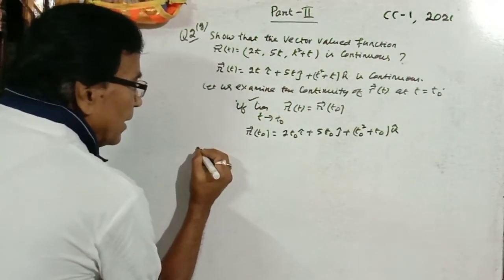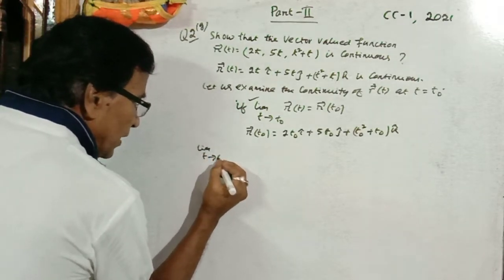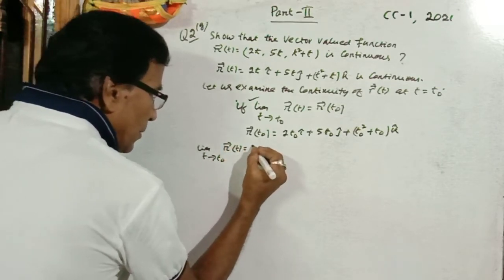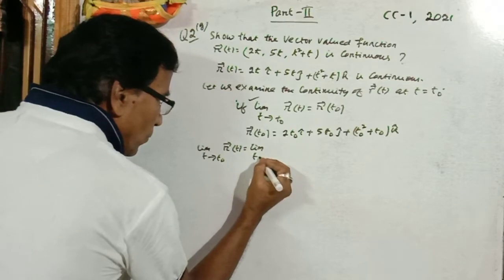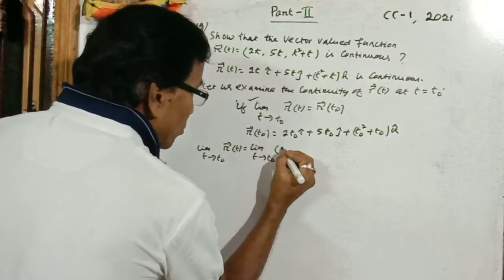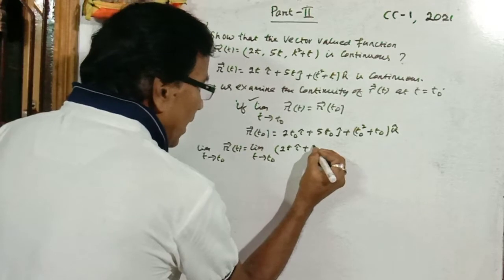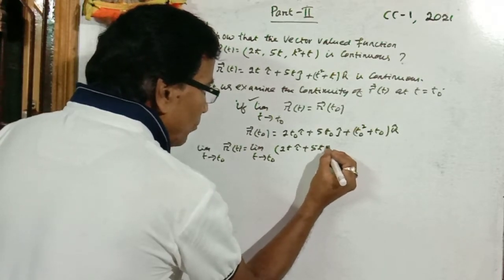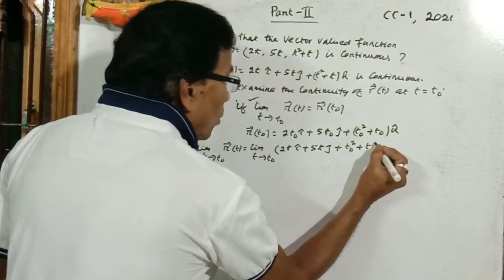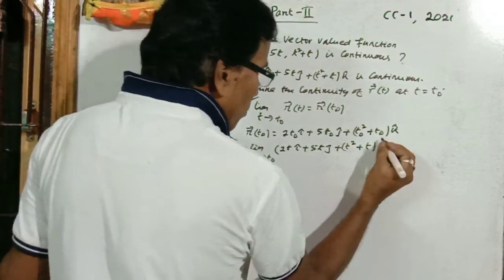So again, limit t tends to t0 of r(t). What is r(t)? The function is 2t i cap plus 5t j cap plus (t^2 + t) whole into k cap.